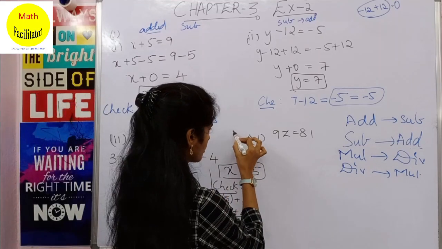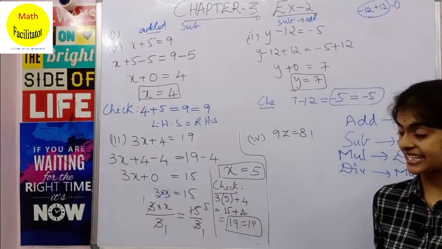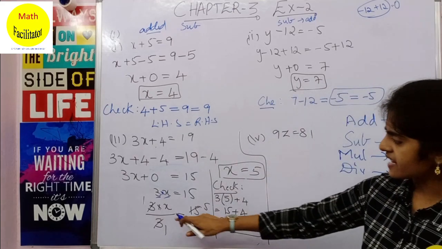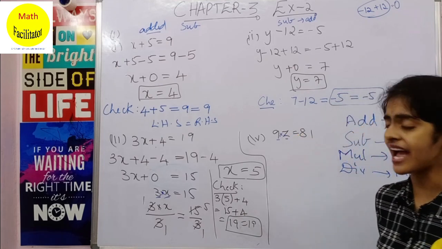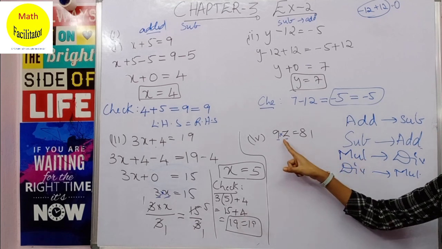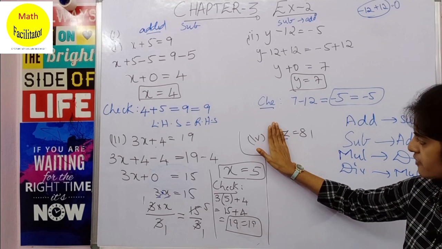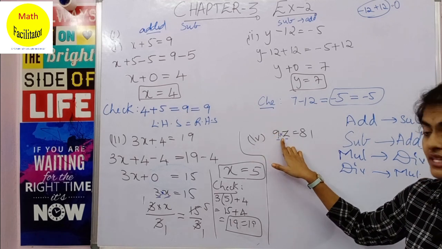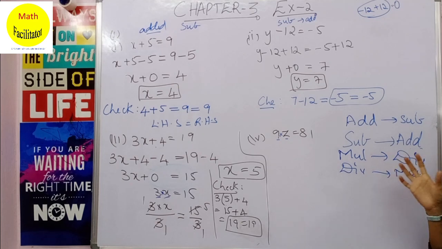Now moving on to the next problem. Here you have 9z equal to 81. Similarly, as I told you, you have a constant and a variable, which means in between you have multiplication. You want the value of z, so you have to remove this 9, but this 9 is in multiplication, so when you have something in multiplication, you have to divide by the same number.